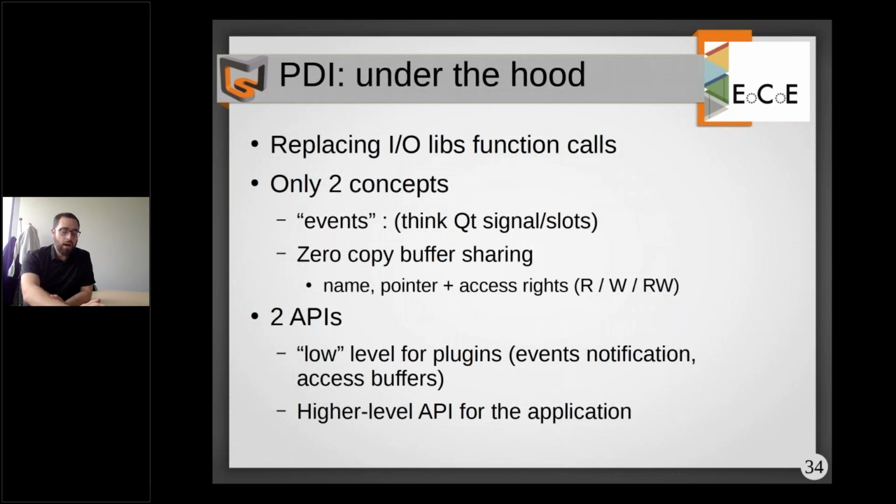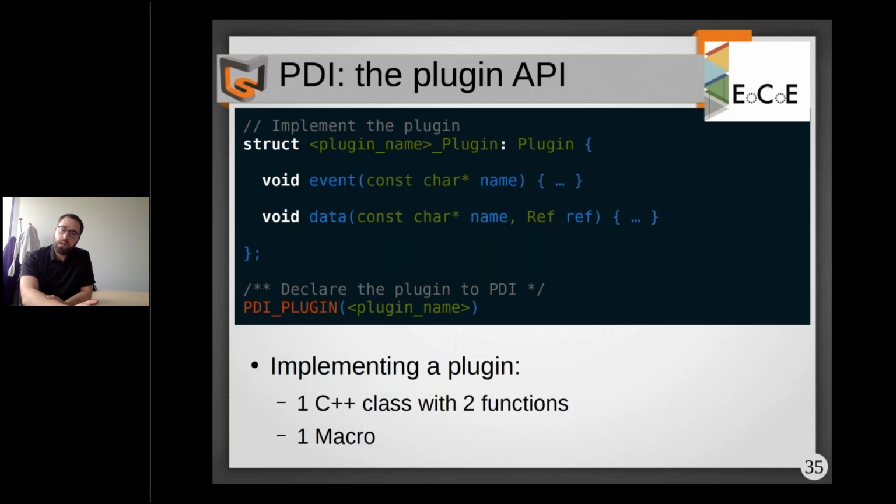So how difficult is it to write such a plugin? It's actually very simple. All you have to do is implement one class that inherits from the PDI plugin class, where you have two virtual functions you can override.